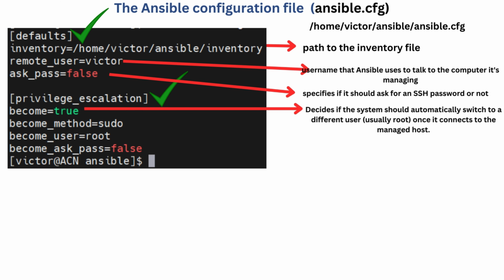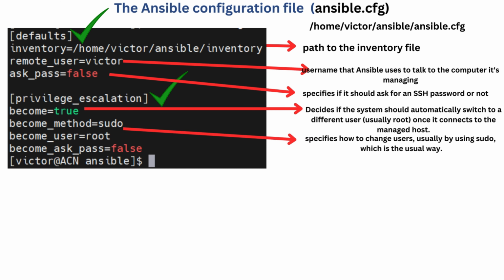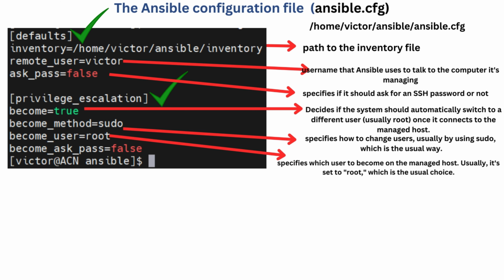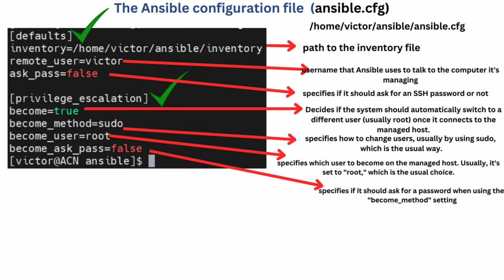And we have become_method equals sudo, meaning that the method by which there's going to be a privilege escalation is the sudo method, and the user that will be used to escalate privilege is the root user, and that's why we have become_user equals root, and also become_ask_pass equals false, meaning that it shouldn't prompt us for a password.